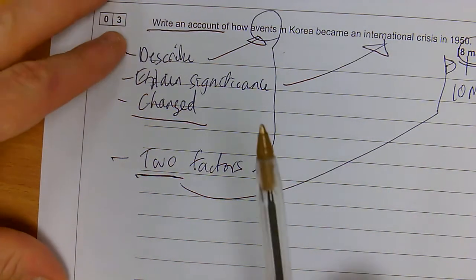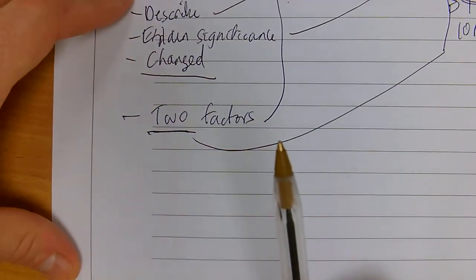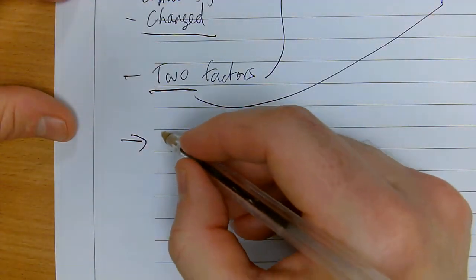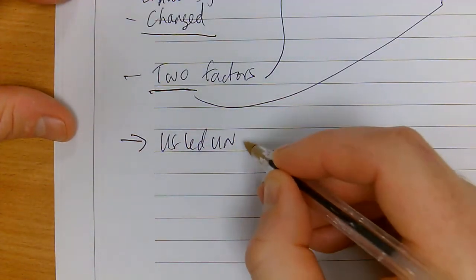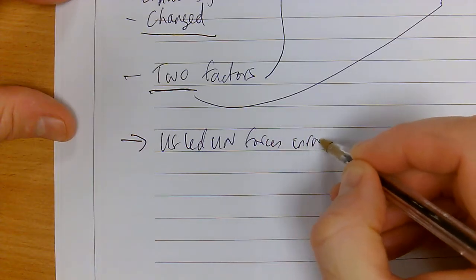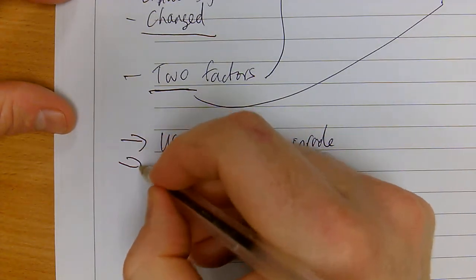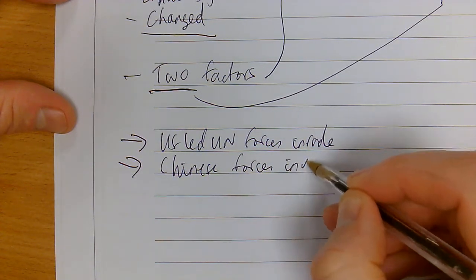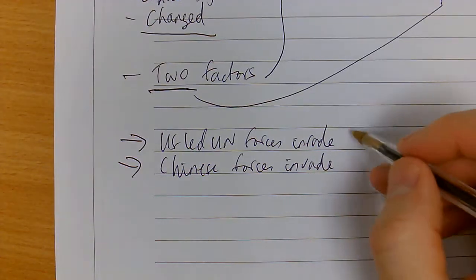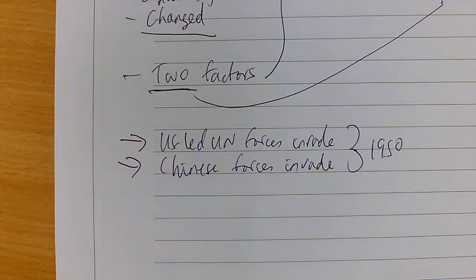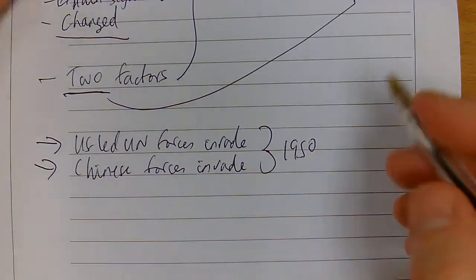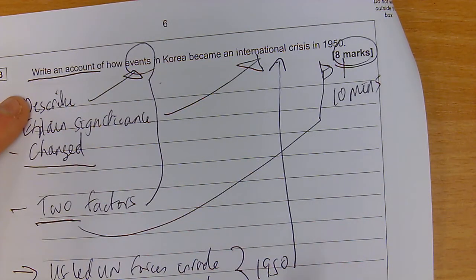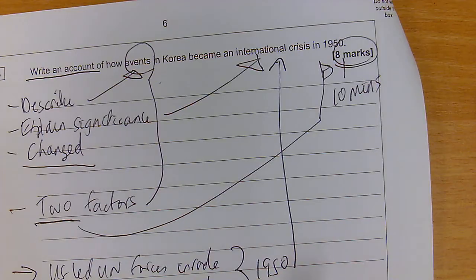Now, the things that I would write about, if it was me, in Korea in 1950, the 2 really important things that happen are, 1, the US-led UN forces invade, and the second thing I would want to write about is the Chinese forces invade as well. I think those are the 2 really important things that happen in 1950 that make the Korean War an international crisis. Okay, those really make it much more tense than it was before.